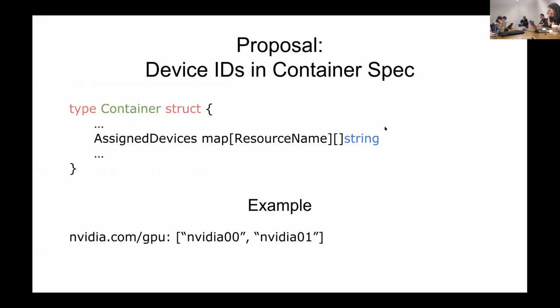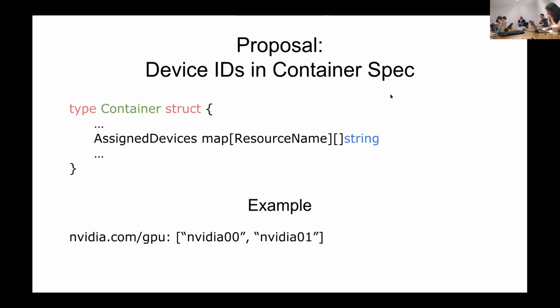Okay, I'll keep going. So what exactly am I proposing? I'm proposing adding a field to the container spec, which is a map of the resource name to device IDs. For example, for NVIDIA GPUs, you would have the NVIDIA resource name, and then it would map to the string device IDs that are assigned to that container.